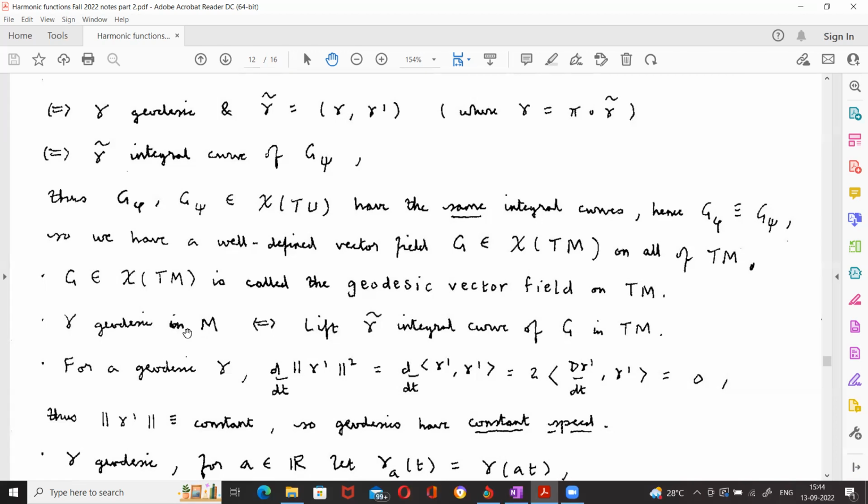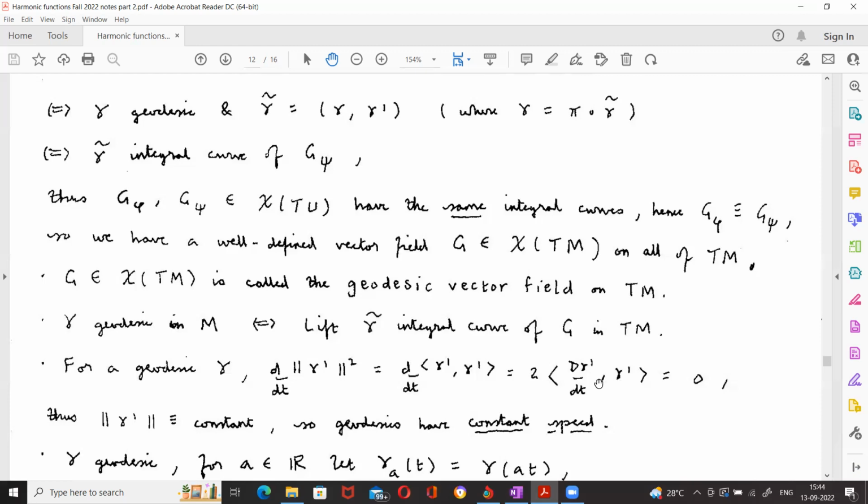Now let's notice something: for a geodesic gamma, if I look at its speed, that means the norm of the tangent vector gamma prime, let's look at d/dt of norm gamma prime squared. This is d/dt of the inner product of gamma prime with gamma prime. By what we proved earlier, this is going to be 2 times the inner product of D gamma prime/dt with gamma prime.